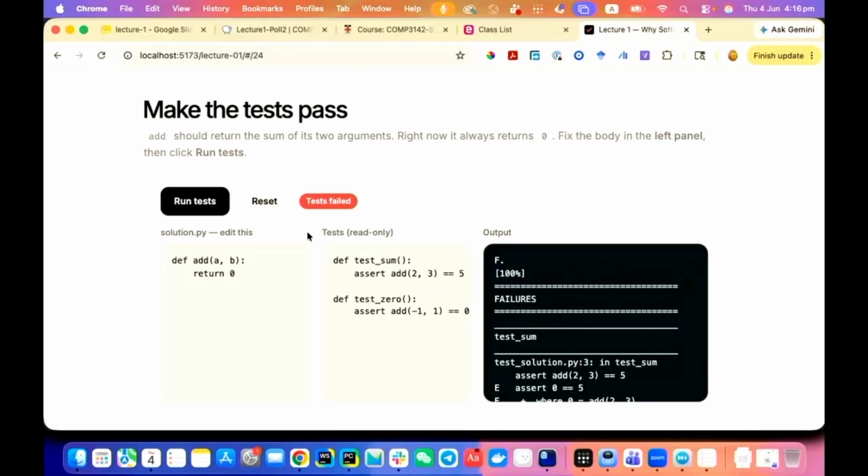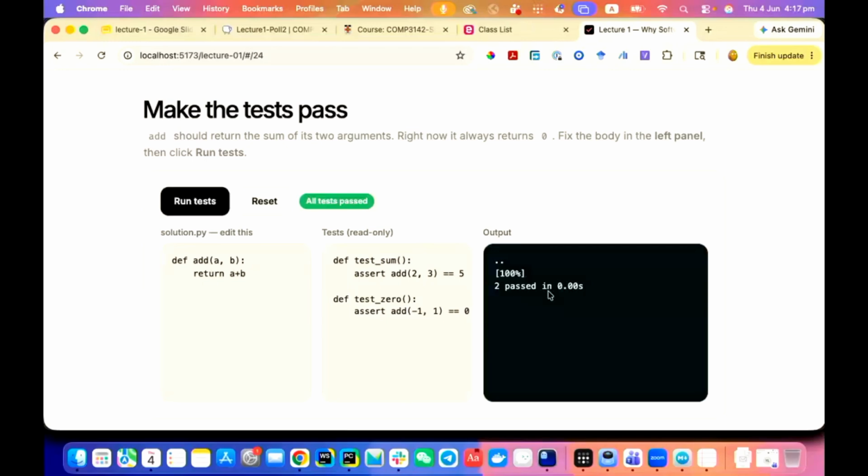But unfortunately we can only use it for assignments this term. If I modify the test to make it a correct one, you can see the test passed. It means that we are actually running this inside the browser, and it doesn't require a backend, so you can run it locally in your browser.